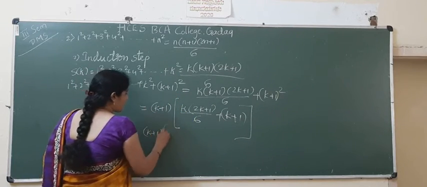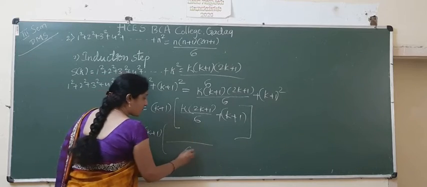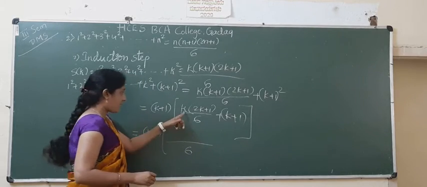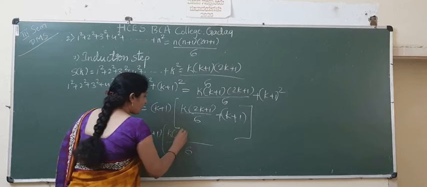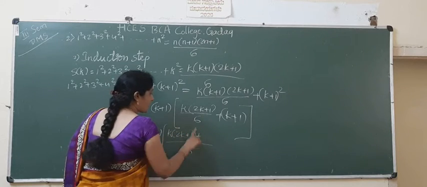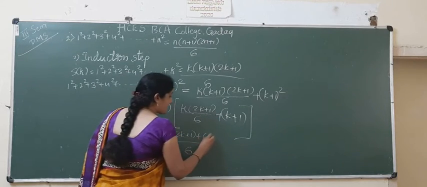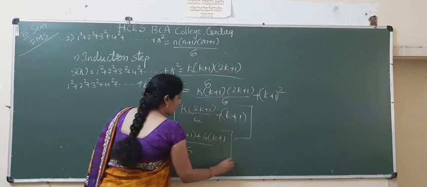Let us take LCM. LCM will be 6. Now, k into 2k plus 1 plus, the 6 comes here, 6 into k plus 1.